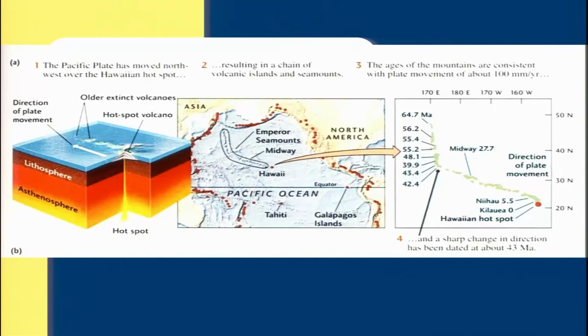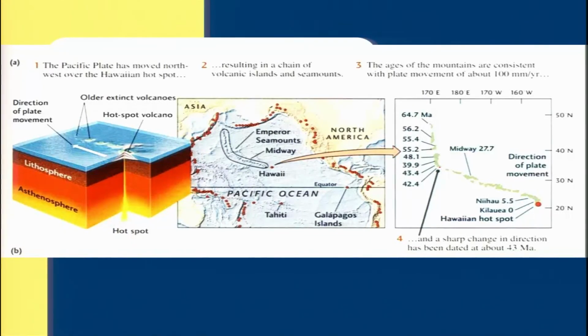What they observed was that the Pacific plate has moved northwest over the Hawaiian hotspot, which is located here, resulting in a chain of volcanic islands and seamounts. Third, the ages of the mountains are consistent with a plate movement of about 100 millimeters per year. That is how they came to the inference that one island will stay over the hotspot for 1,000,000 years.